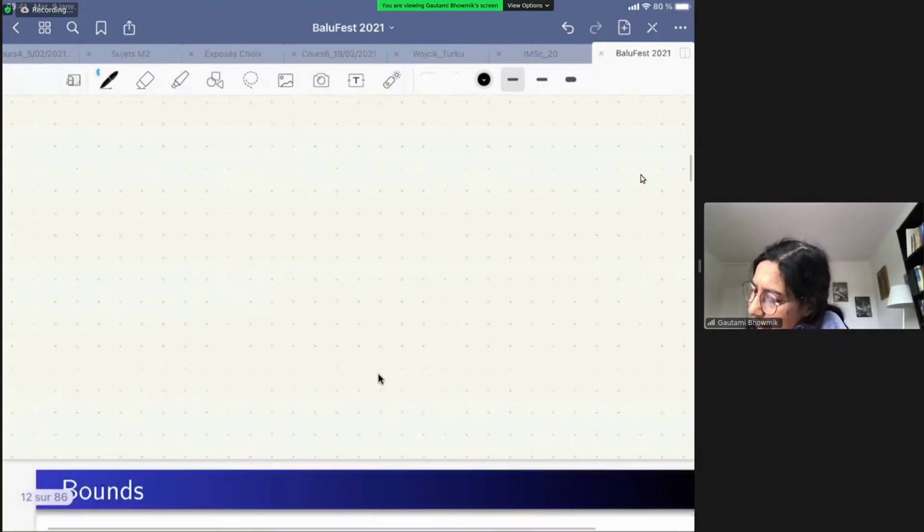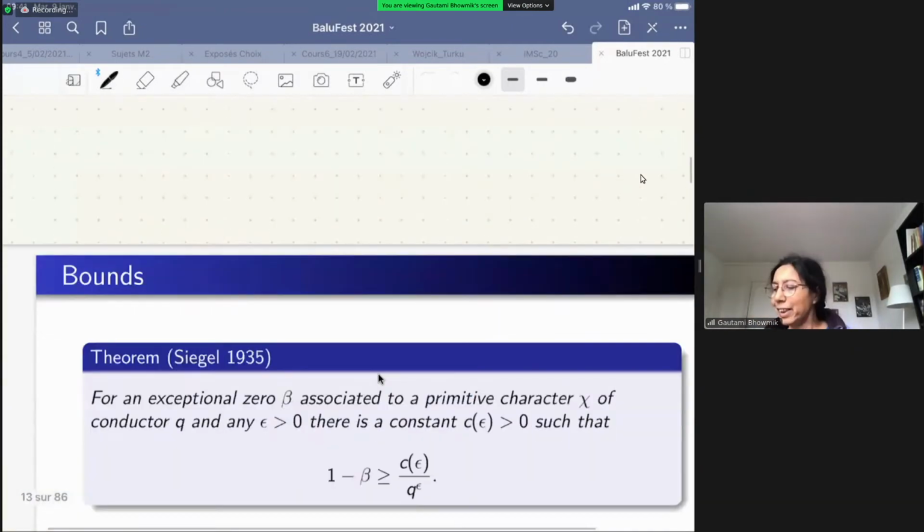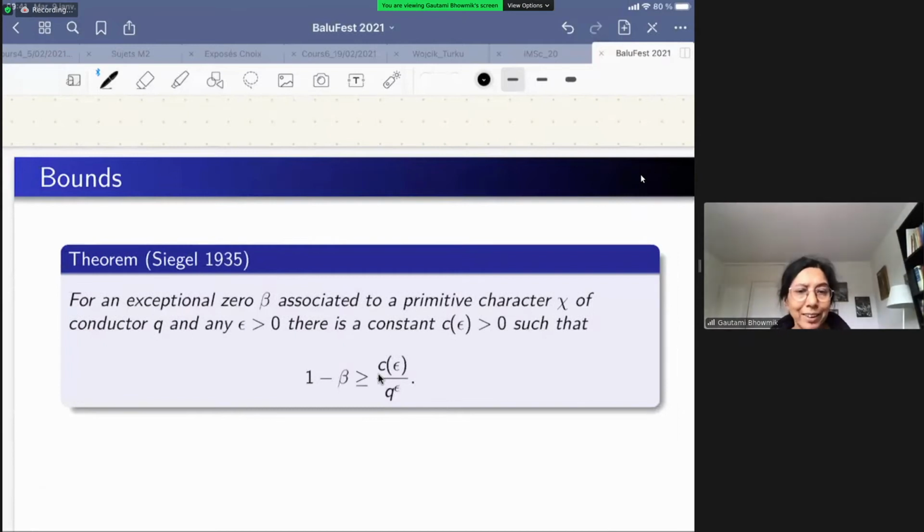Now here's a result everybody knows. This is Siegel's 1935 result. It says that if there is an exceptional zero associated to a primitive character chi with conductor Q, and if you choose epsilon positive, then you can find a C epsilon, which is positive, such that 1 minus beta is greater than C epsilon upon Q to the power epsilon.